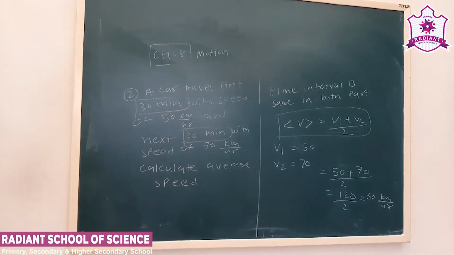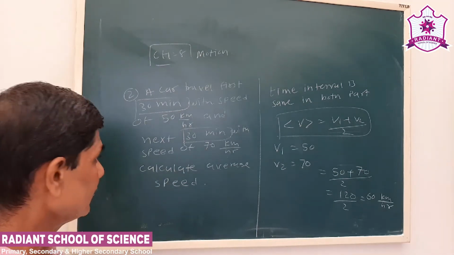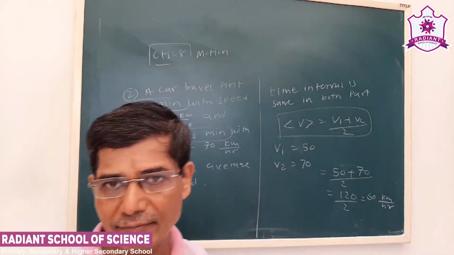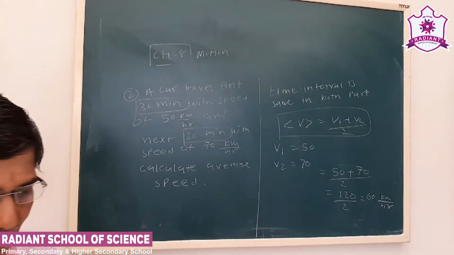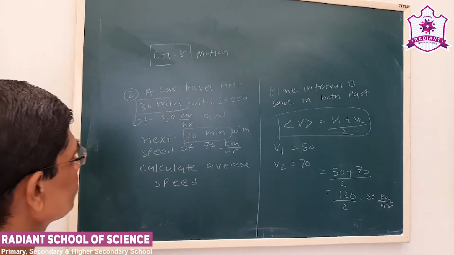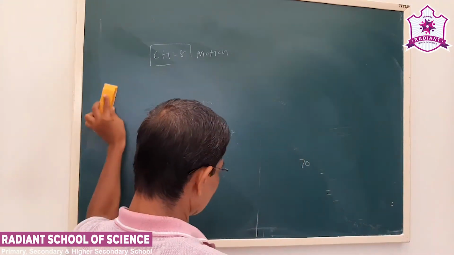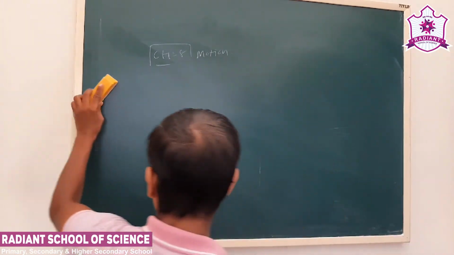Now this is the formula for the average speed when time interval is same in both parts. See, sometimes you may have a combination of this, then we should be able to solve. So this is about the average speed and average velocity.